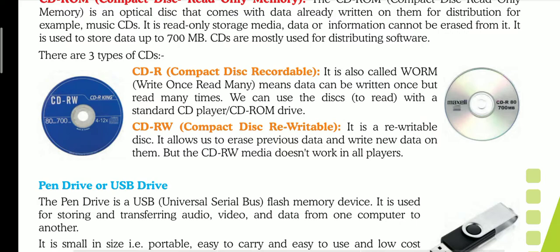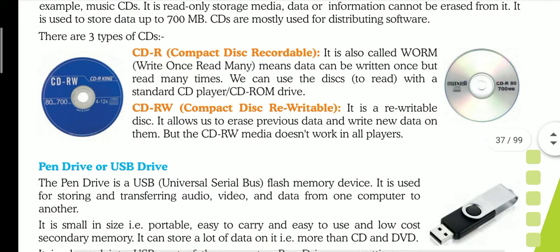We can use the disk with a standard CD player or CD-ROM drive. CD-RW, compact disk rewritable. It is a rewritable disk. It allows us to erase previous data and write new data on them. But the CD-RW media does not work in all players.